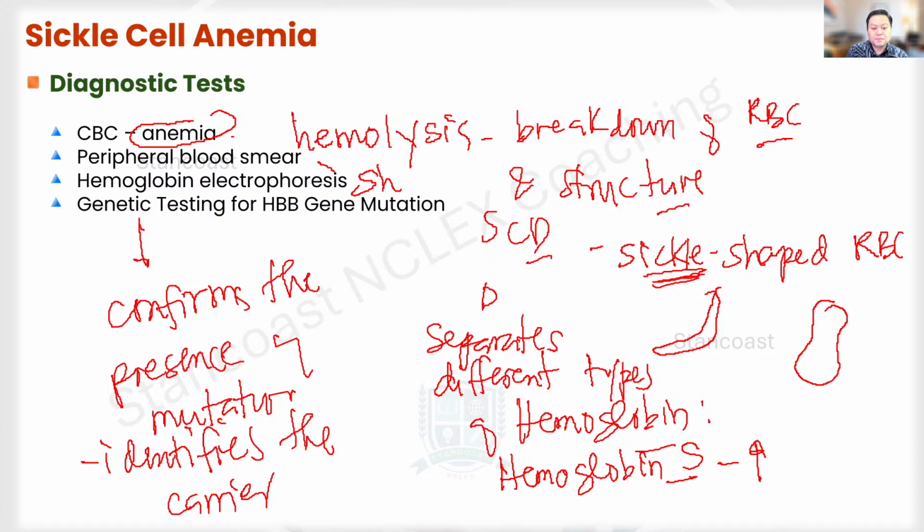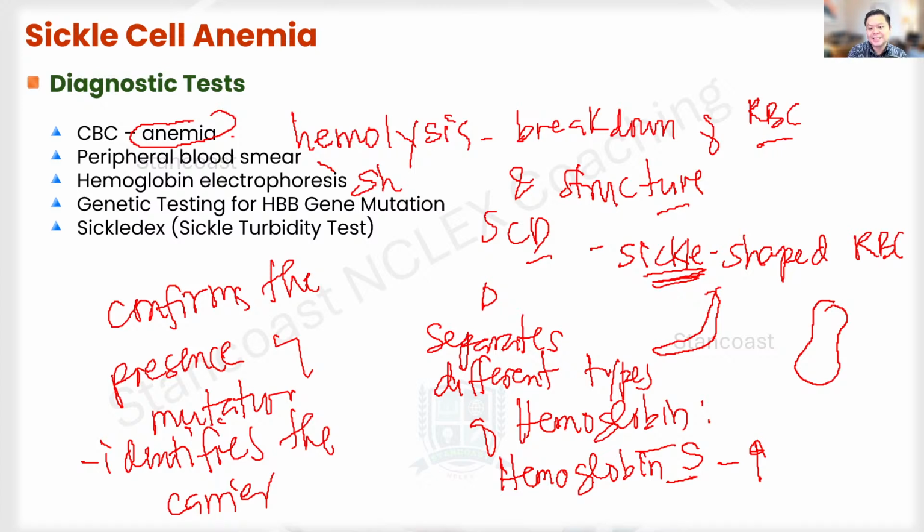And also, we have the sickle dex, or we call that one the sickle turbidity test. Let me just erase this real quick. Sickle dex, or the sickle turbidity test, is a frequent diagnostic test that can be easily done and will have a result within 3 minutes.